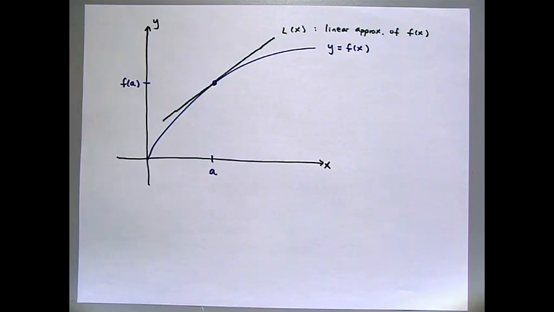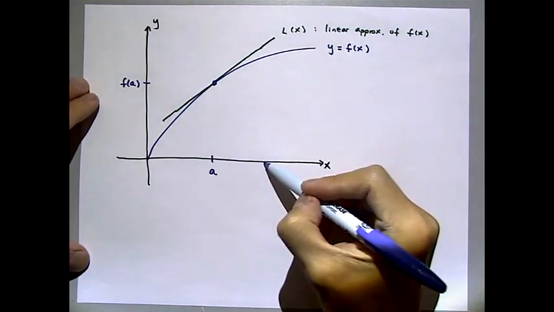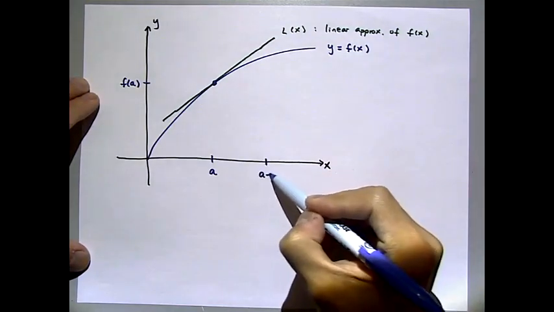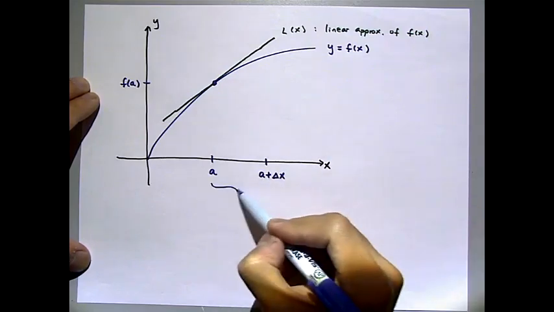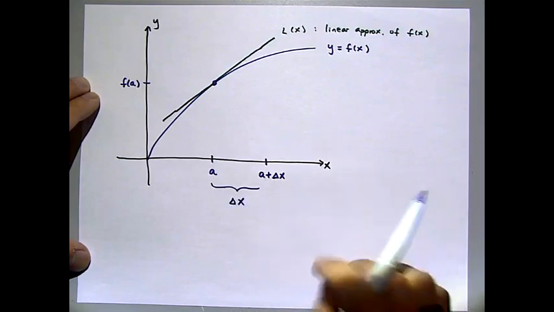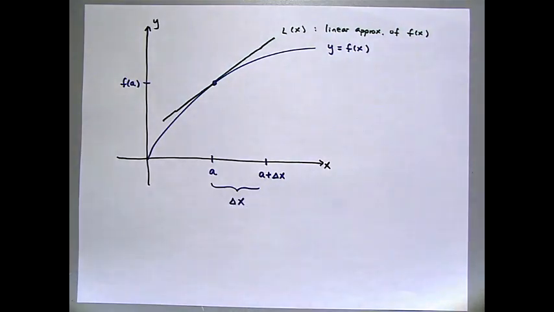If we go to a different value of x, let's say right here, we'll call this point right here a plus delta x. I'll make a change of delta x amount to a and move it a little bit to the right or to the left. It's the same idea, but I'll show to the right.